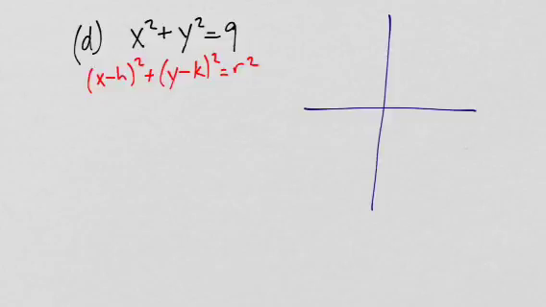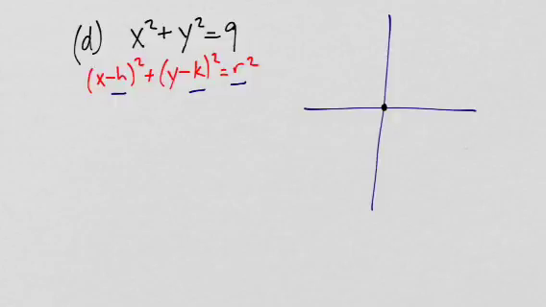Well, first of all, we need to know what is this going to be? What shape is this? Well, we remember our formula. X minus h squared plus y minus k squared equals r squared, where h and k were the center of my circle, and r was the radius. So for this case, we're just going to do the center at 0, 0, because there's no numbers being added or subtracted from x or y before you square them. So 0, 0.